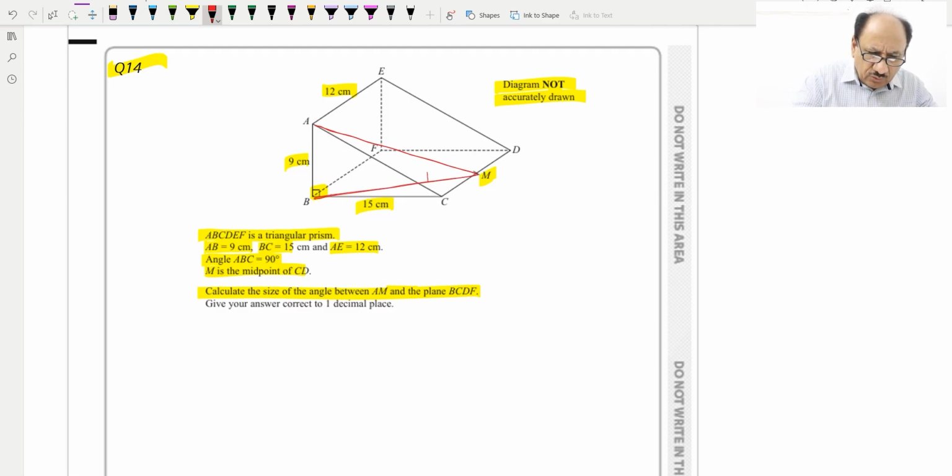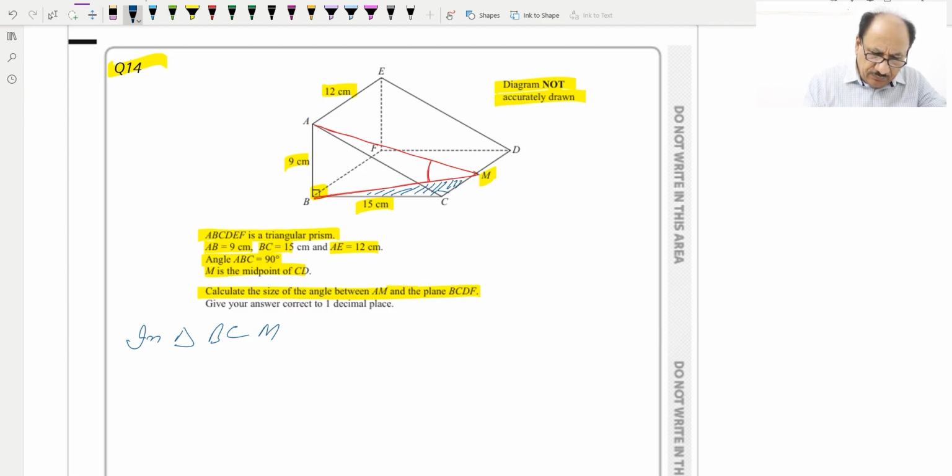So we require this angle. To find this angle, first of all, we need to consider a triangle. Which triangle will we be considering? We will be considering BCM. This is 90 degrees, so we are considering this smaller triangle. So we can write in triangle BCM.